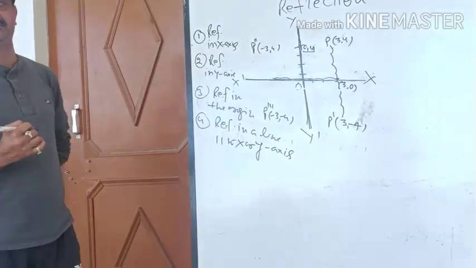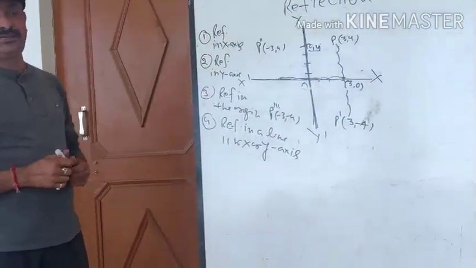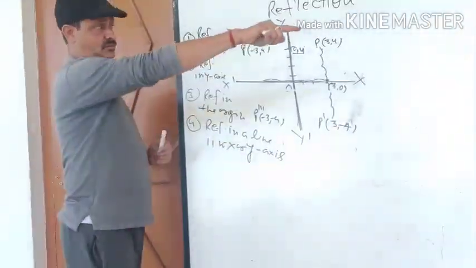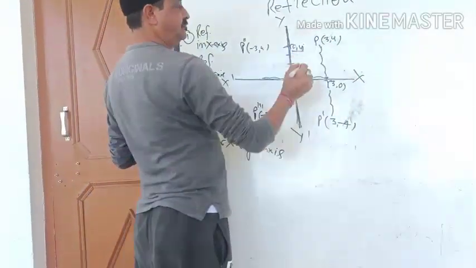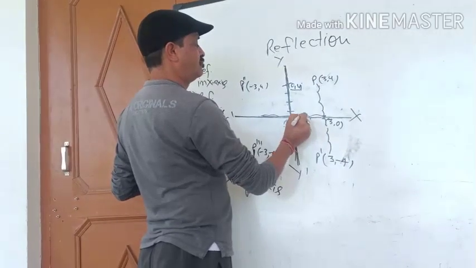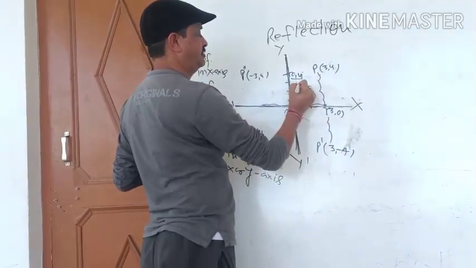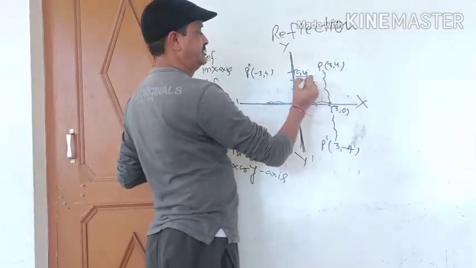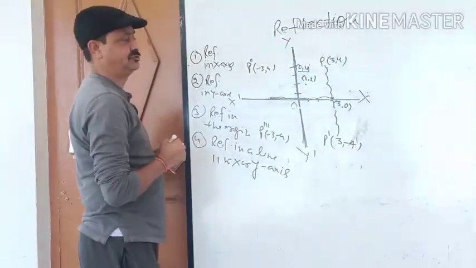Suppose the subject is this, right? So look at it. Suppose we have a point 1, 2. Suppose this is the point 1, 2.